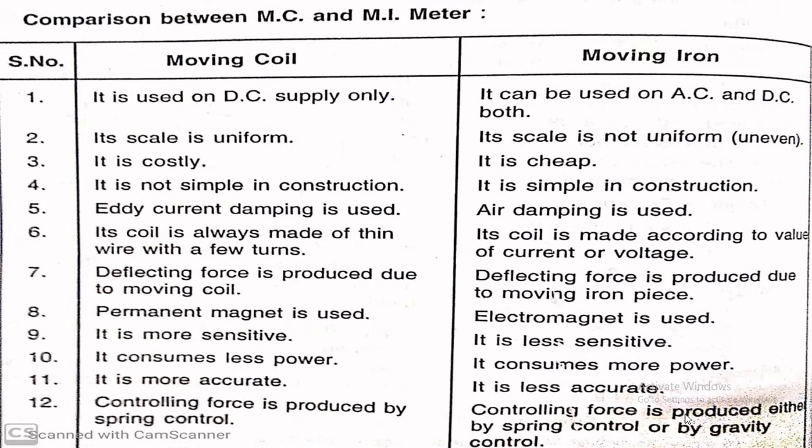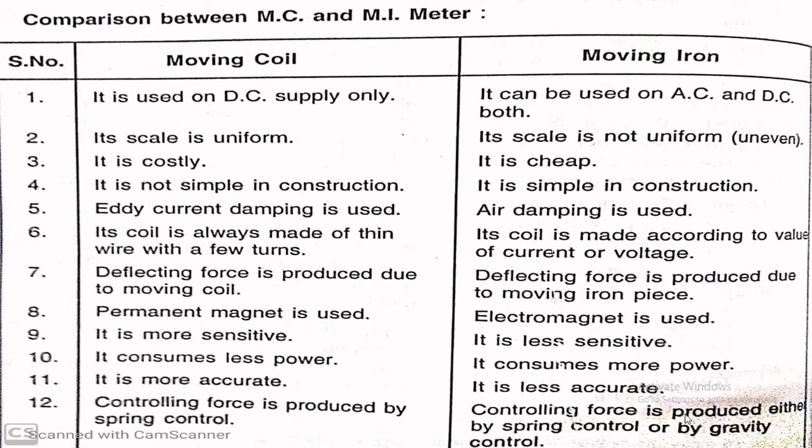Here we can expect questions directly from these differences. The question asks like this: which instrument has a uniform scale? You can tick PMMC meter. Which is a costly instrument? You tick PMMC meter. Which consumes more power? You can tick moving iron.